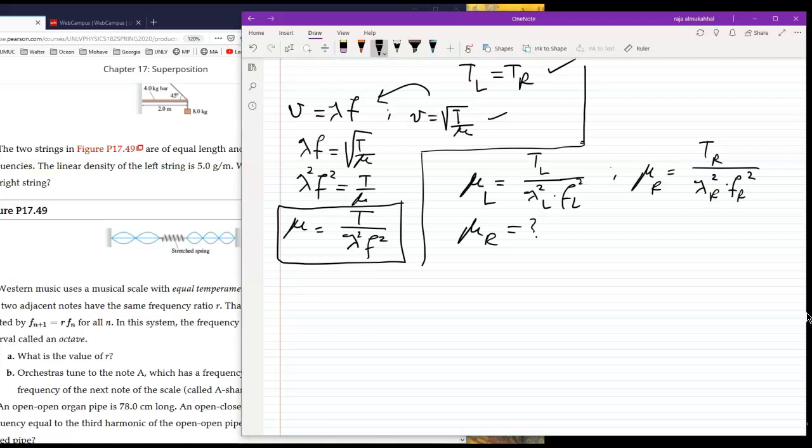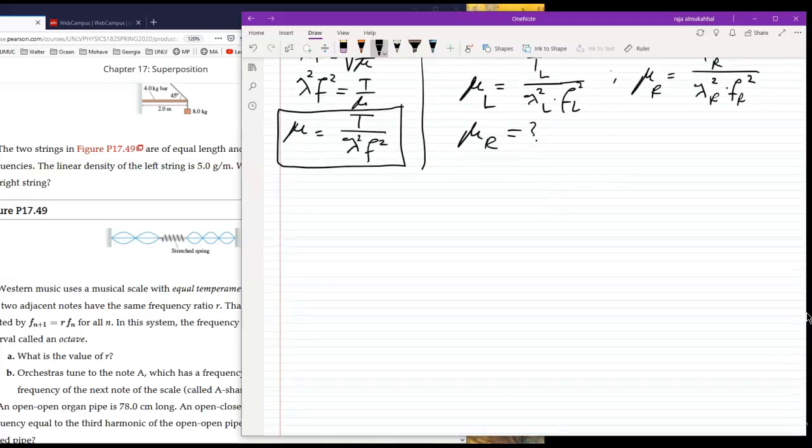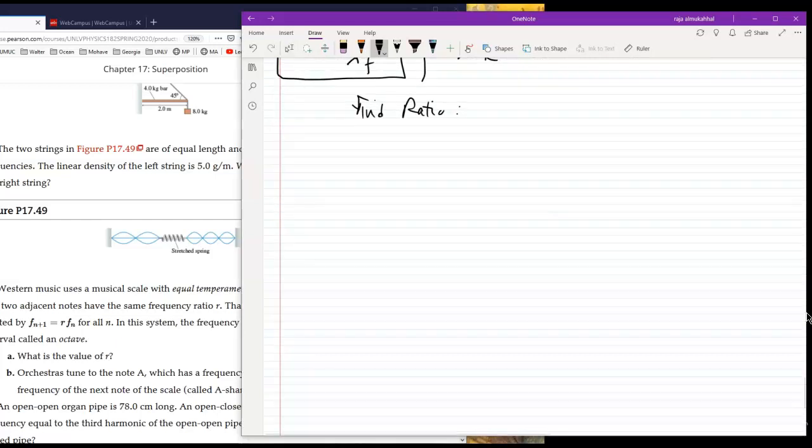Well, one way to do it, let's get the ratio between the two. That would be the easiest thing in the world. Okay? Look at this. Remember, mu sub L is given to me, so find the ratio. We're almost done with the video lecture.